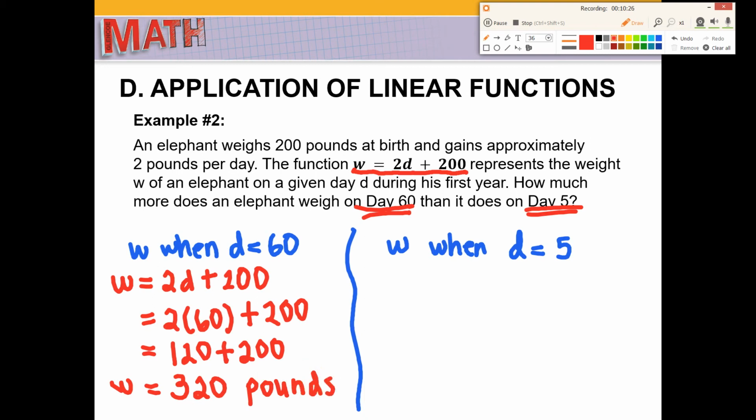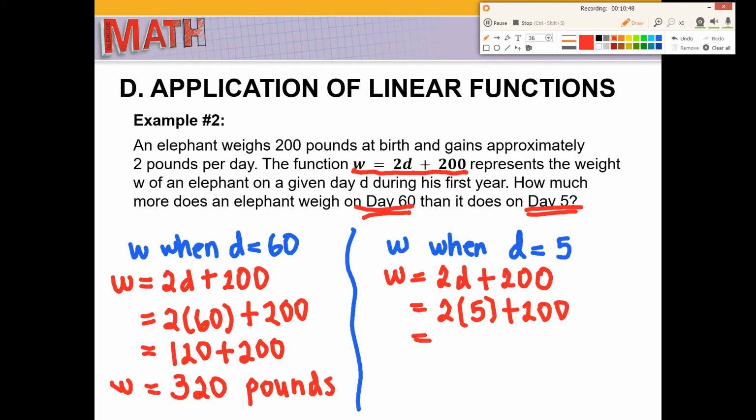Now, how much does the elephant weigh after 5 days? We do the same thing. So this is our equation. The only difference is we now would substitute 5 instead of D. So it would be 2 times 5 plus 200.